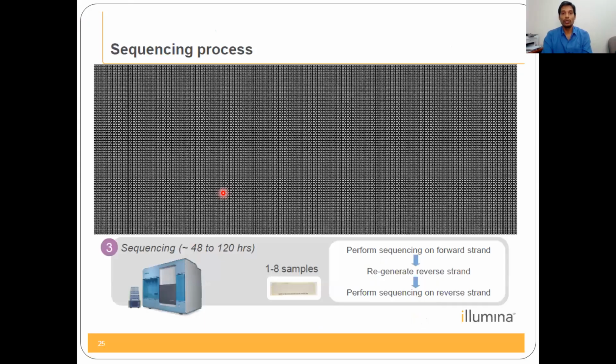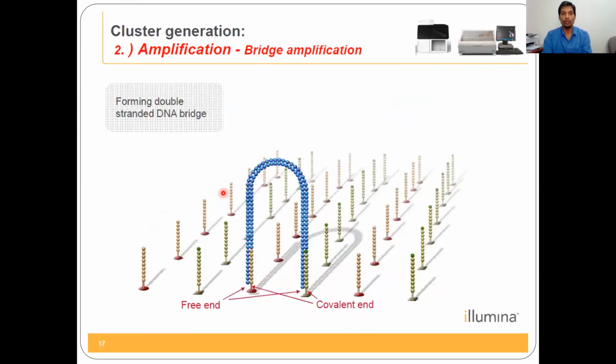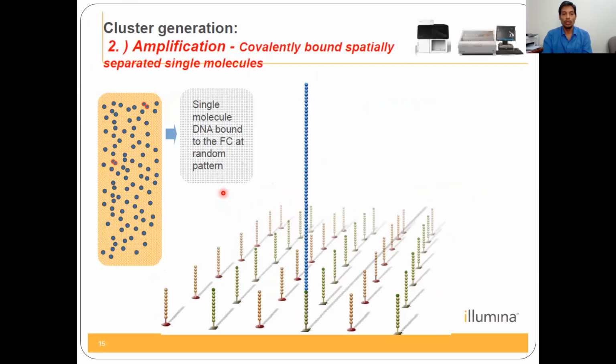So what you got by this is the clusters. Just to visualize it, the illustration is like this. It has the flow cell, and clusters were generated. So this is the blue dot. Let's say this is a full cluster. That one cluster has thousands of similar sequences.